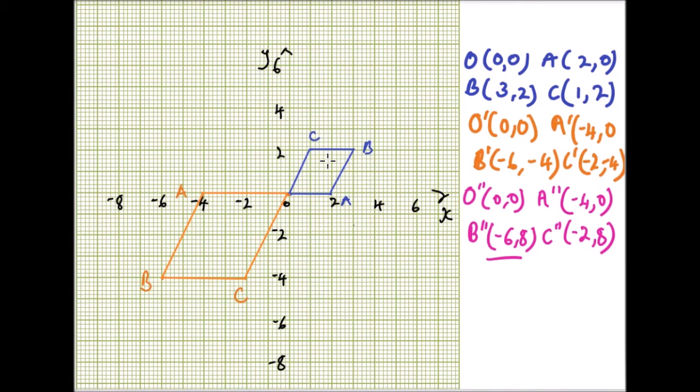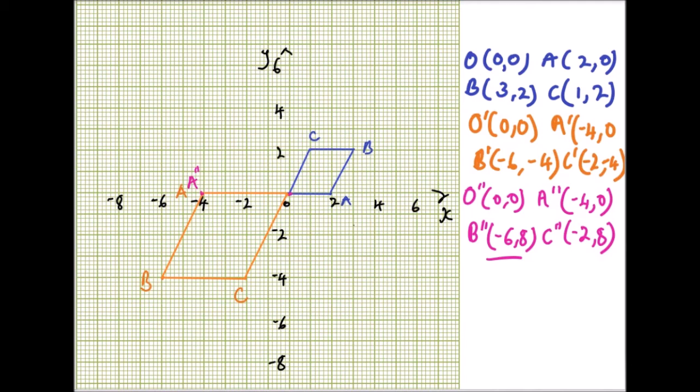Otherwise, during the exam, since you are working on the same page, you should be able to move faster. So the origin remains the same point, that is 0, 0. A double prime goes to minus 4, 0.